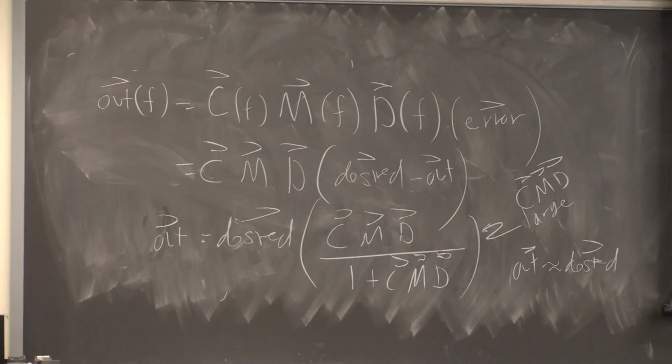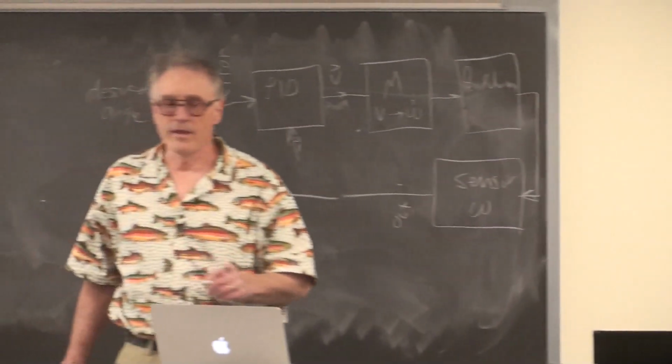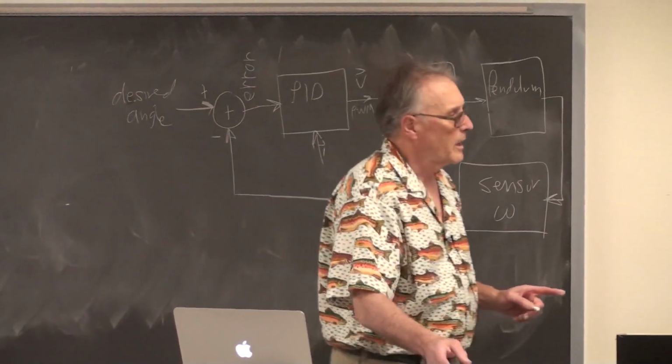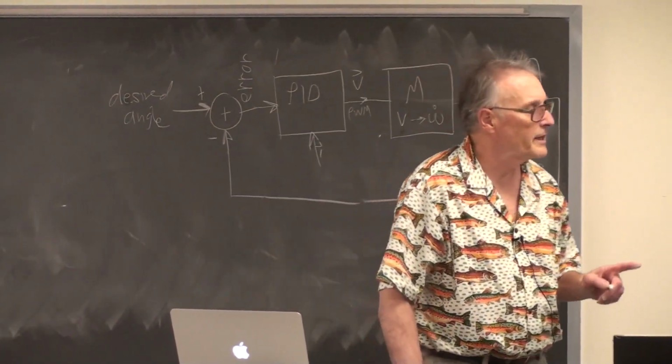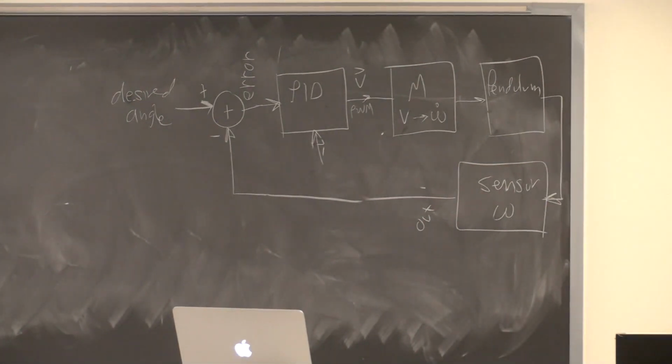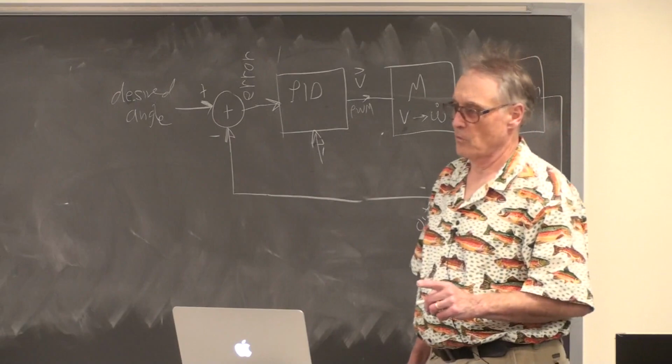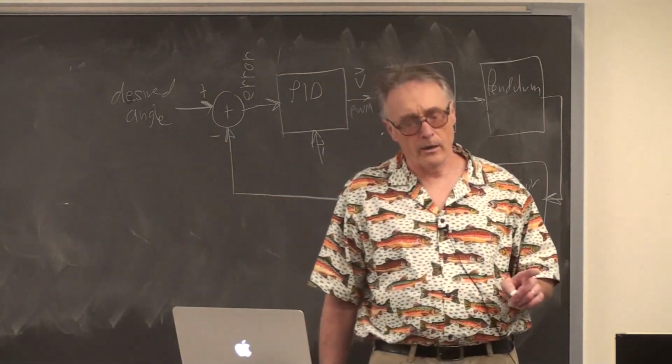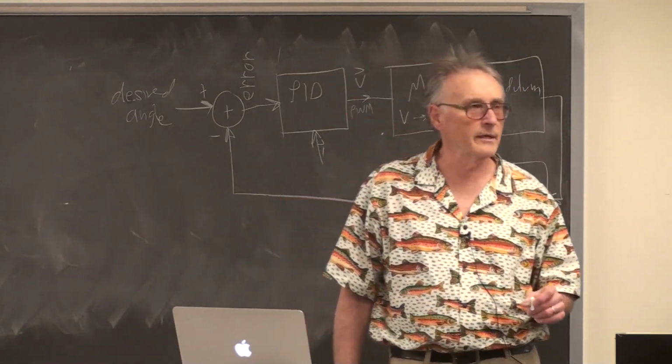But there's a catch. And that is that as you turn up the gain more and more to make this system more and more accurate, then phase shift at high frequency starts to hurt you. And to see why, we have to do a little bit more detailed modeling.